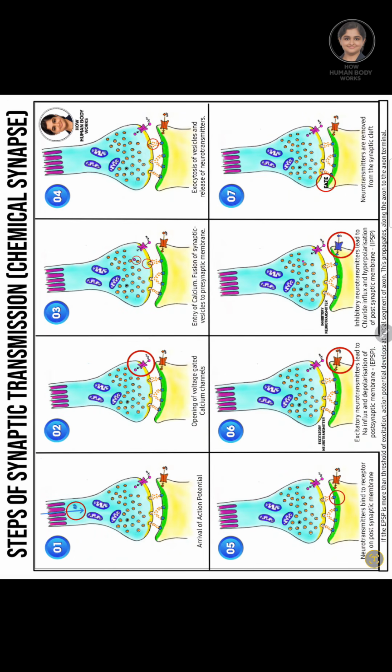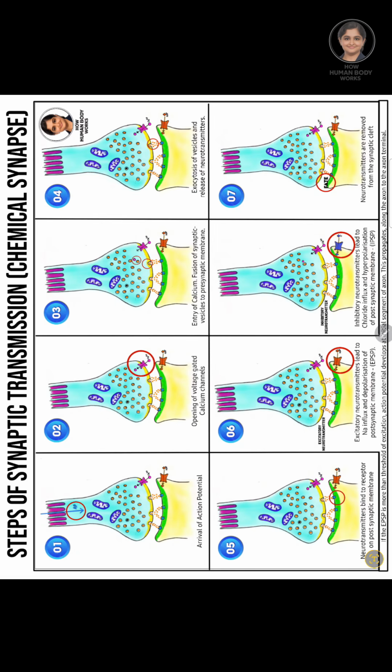And if the EPSP is more than the threshold of excitation, what happens? There is a development of an action potential at the initial segment of an axon, and this propagates along the axon to the axon terminal.